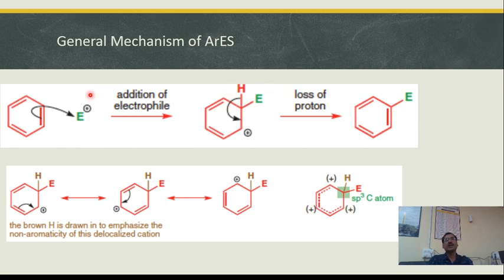You have an attacking electrophile E plus, and the leaving electrophile should be H plus. So in the last step, there will be a loss of proton. This is the generalized mechanism of aromatic electrophilic substitution: the attacking electrophile comes in, forms the arenium intermediate, and in the last step the proton is lost and you get your product.